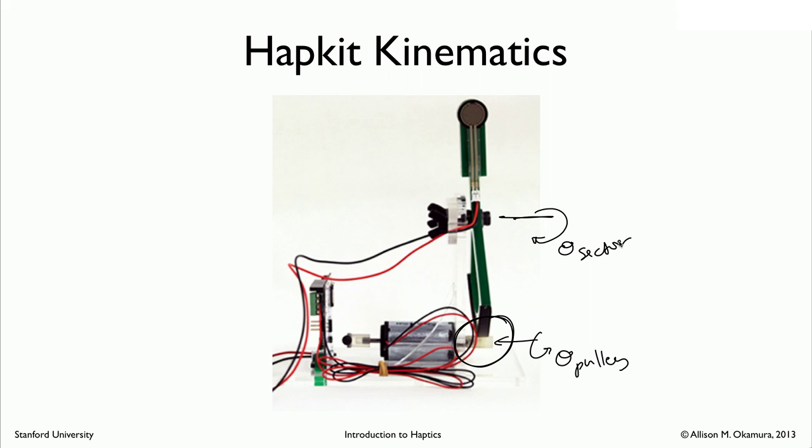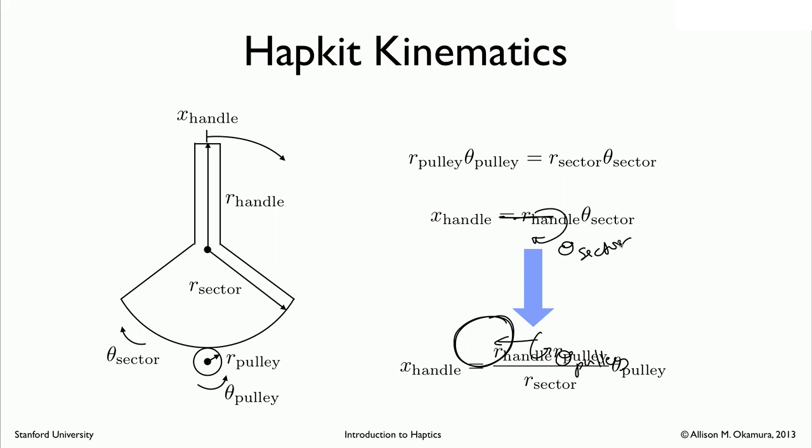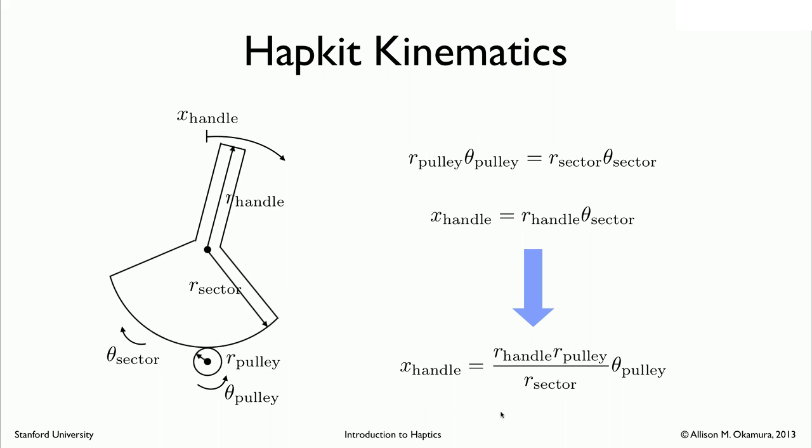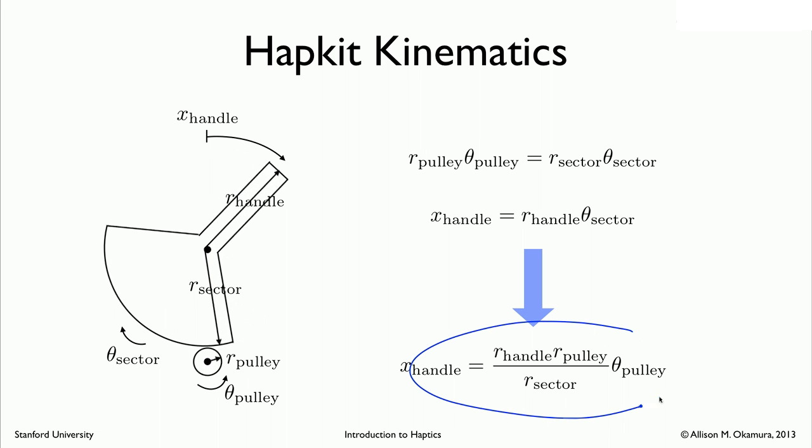Okay. And because the HapKit is a 1 degree of freedom device, this equation here, from the last slide, is the only kinematic equation that you'll need to get from motor input to motion of the handle.